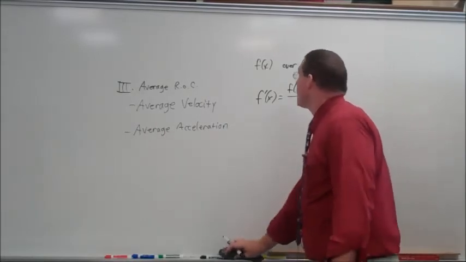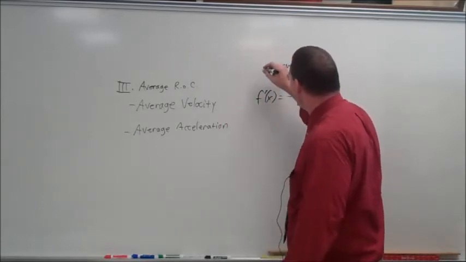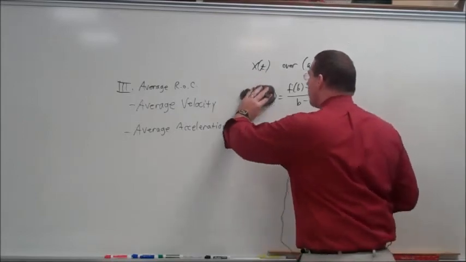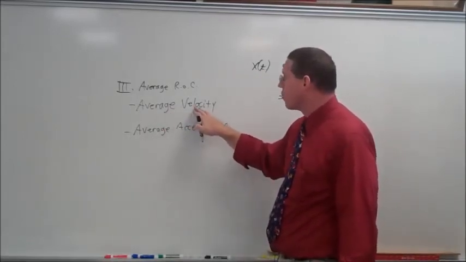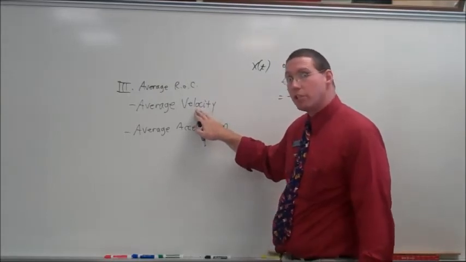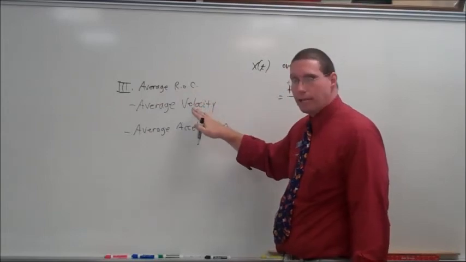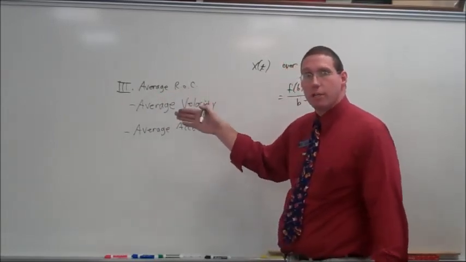So, if your function is no longer f of x, okay? If you're dealing with a position function x of t, and you want the average velocity, well, the average velocity is the rate of change in position. So the average velocity is the average rate of change in position.